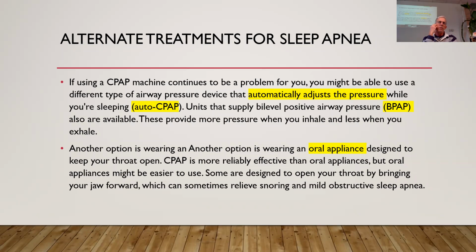Other units might actually have to use a bilevel positive airway pressure if the CPAP continuous pressure is not working. Basically, these provide more pressure when you inhale and less when you exhale, forcing more air in, and maybe just the normal or less air going out.